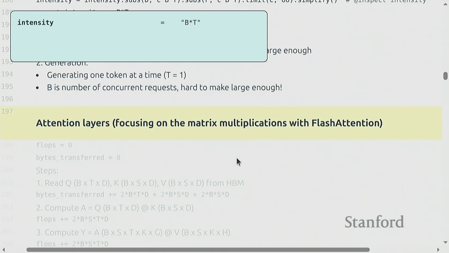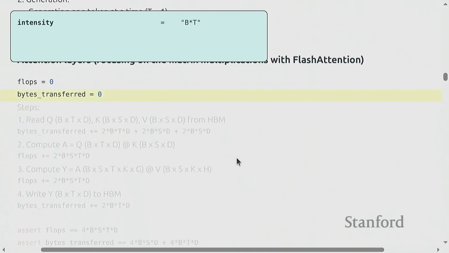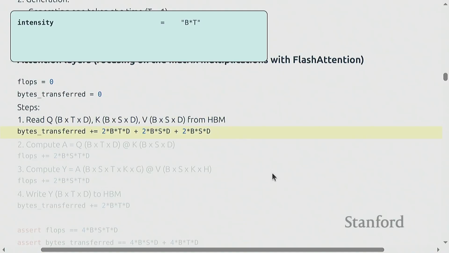Turns out attention is even worse, for reasons I'll try to get into. So let's do the counting, flops and bytes transferred. I'm going to read the QKV matrices from HBM.